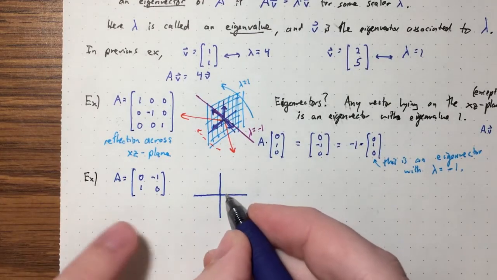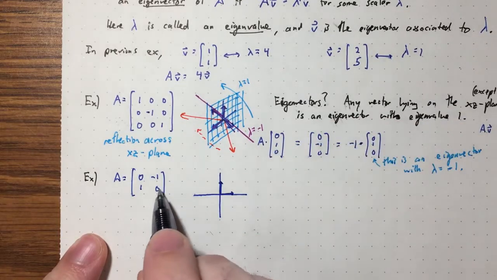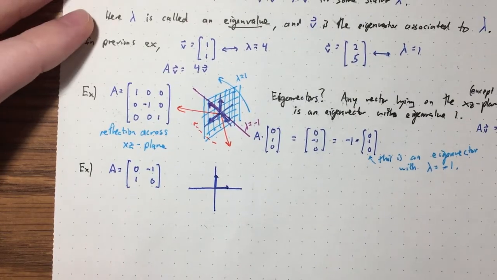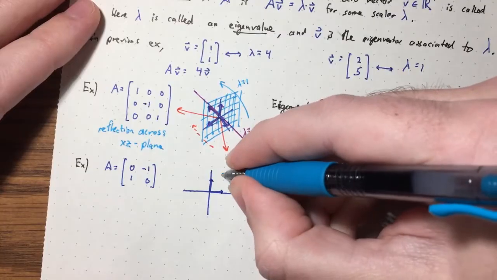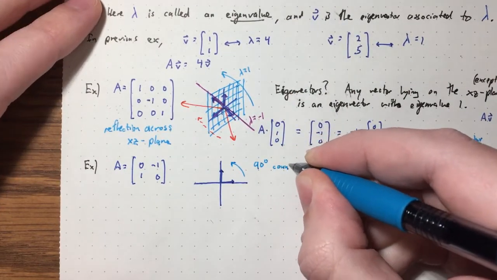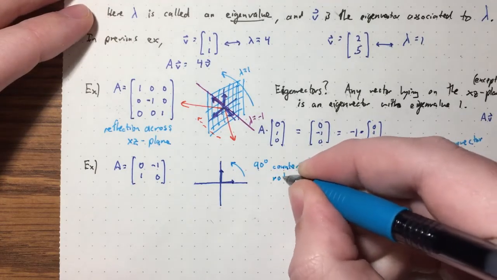It sends 1, 0 to 0, 1. And it sends 0, 1 to minus 1, 0. That's over here. So this is the reflection, right? Or not a reflection, sorry. What's the word? Rotation. Yes, so this is a 90-degree counterclockwise rotation.